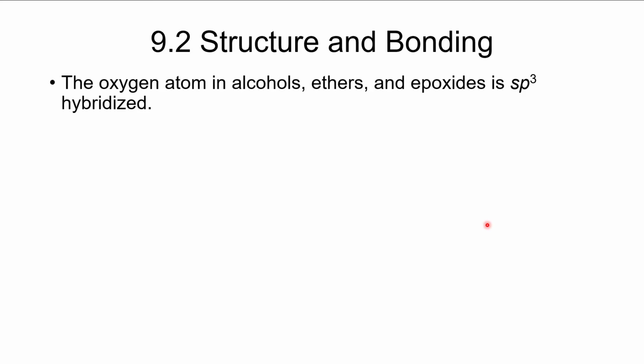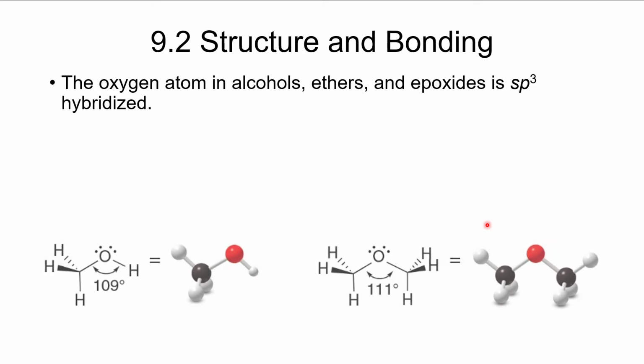All right, so when it comes to the structure and the bonding, the oxygen atom in the alcohols, the ethers, and the epoxides are always going to be sp3 hybridized. So typically, we're going to see bond angles around those oxygens close to 109.5. Here, it's a little bit less on this alcohol.